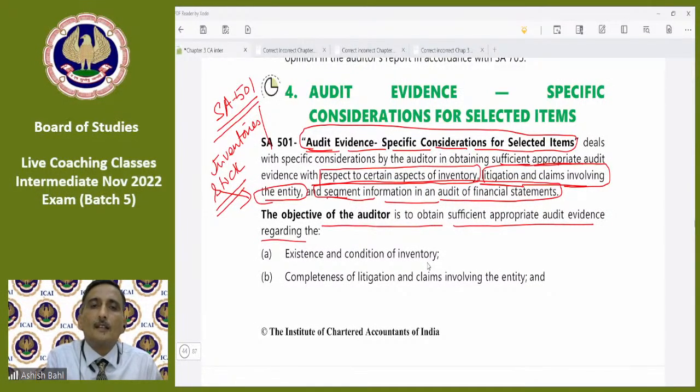All these things which we shall be reading, students, are in the context of SA 501. So what is the objective of the auditor? The objective of the auditor is to obtain sufficient appropriate audit evidence regarding the existence and condition of the inventory. So we shall be taking up this first.